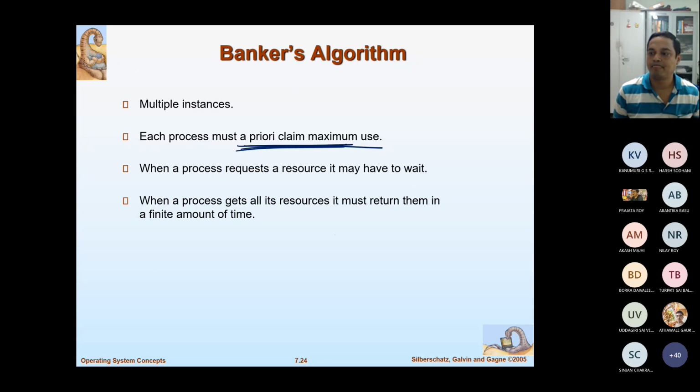Is Banker's algorithm used in Unix or not? In the normal operating systems with which we are familiar, no operating system uses Banker's algorithm. It's a theoretical aspect. Maybe some specialized system may use it, but Windows or Linux do not.